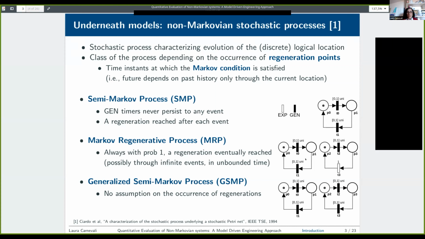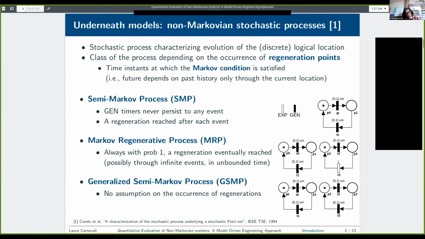So these are processes where always, with probability 1, a regeneration will eventually be reached. This can occur in an unbounded time or through infinite events, but always with probability 1, a regeneration will be reached.